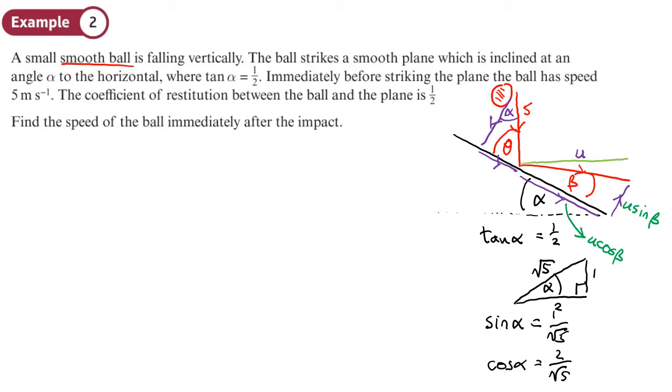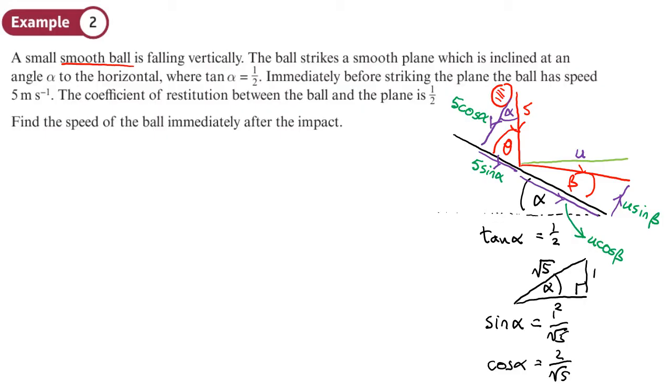So I'll just put that in, 5 cos alpha. And the bit at the bottom, this will be 5 sine alpha. Okay, now we know cos alpha is 2 over root 5.